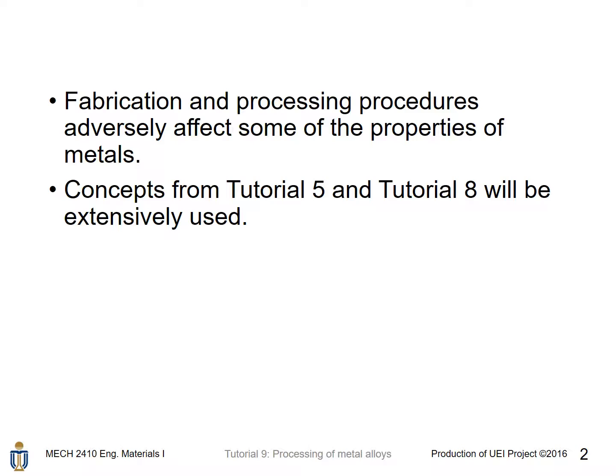We are engineers. As a result, we must know how we can fabricate and process metal and objects manufactured from metal or metallic materials. The fabrication and processing procedures will adversely affect some of the properties of metals or metallic materials.